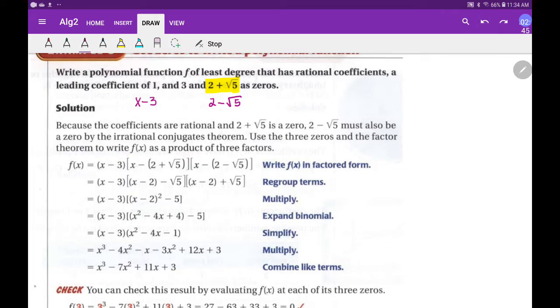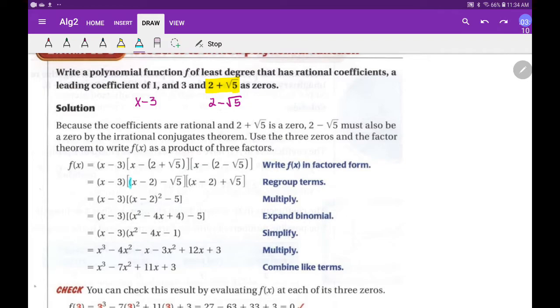And the other factors are going to be x minus whatever I come up with here and here. So it's going to be x minus this and x minus that, and I keep that together. I was thinking we could distribute the negative sign, but why? Look what we do down here.